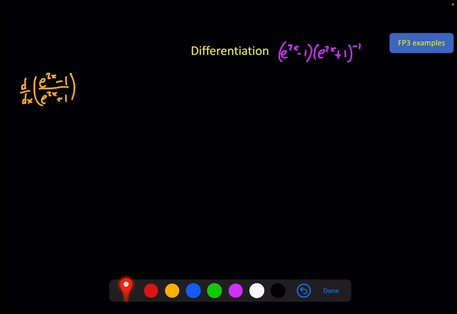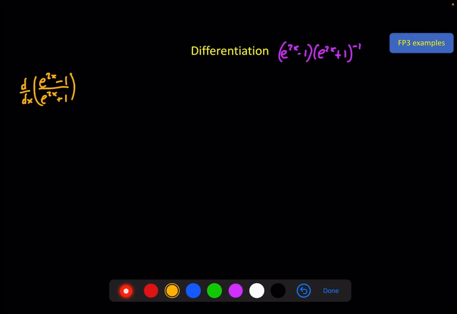And which one you choose might depend on which one is available in your formula booklet. I think the UK formula booklet has the product rule in it, and the international formula booklet has the quotient rule, which is a little bit strange, but there you go. Either way, you'll get to the same stage.